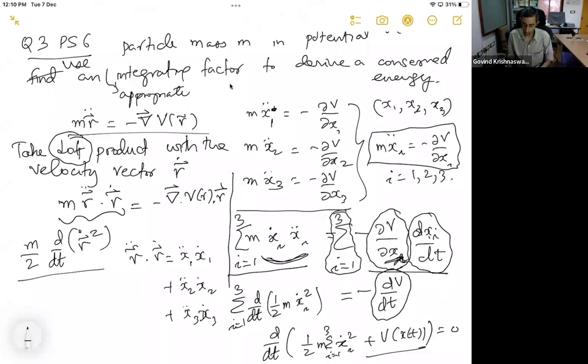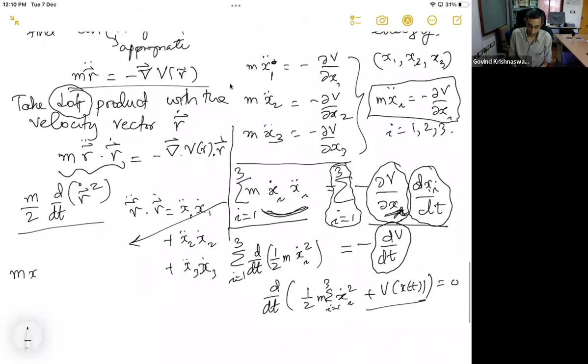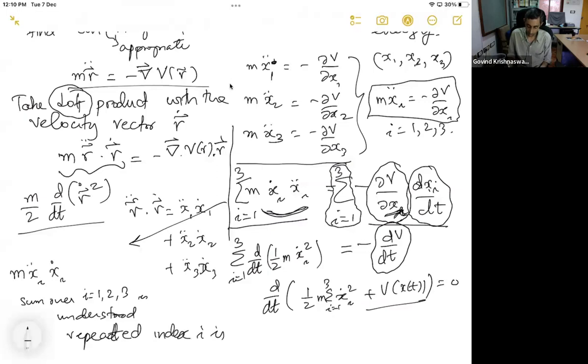So one often writes this equation in succinct form as m xi double dot xi dot, where the sum over i equal to 1, 2, 3 is understood. So the repeated index i is summed. The summation sign is suppressed, but it is to be understood. But one has to say that.